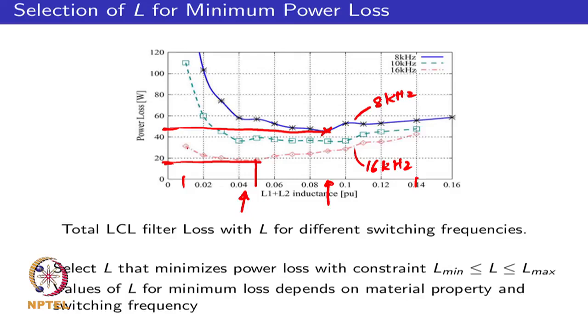So, you could then consider not just the losses in the filter, you could also consider the losses in the filter plus the semiconductor devices, because you know that you get lower losses in the filter, but your switching losses in your IGBTs and recovery losses in your diodes is going up with switching frequency.